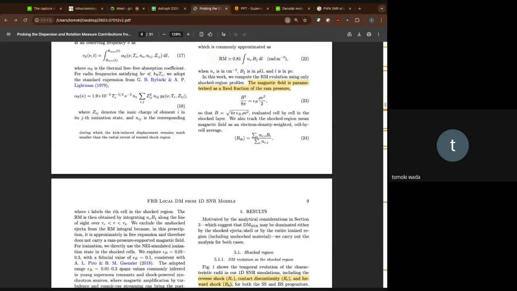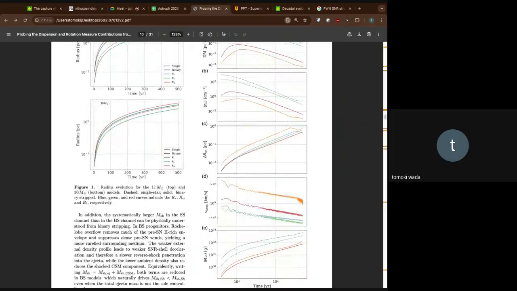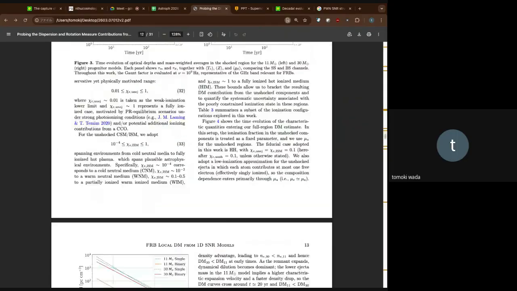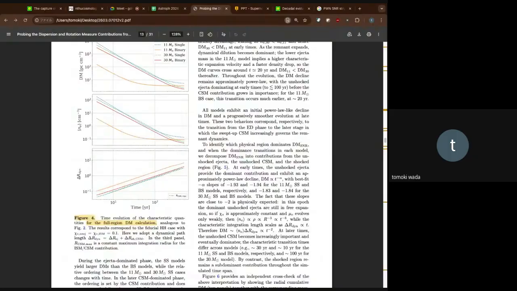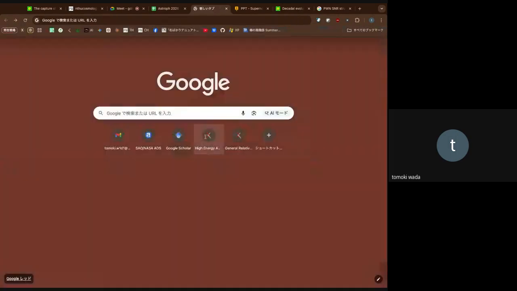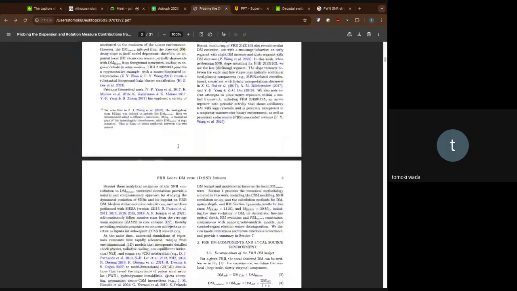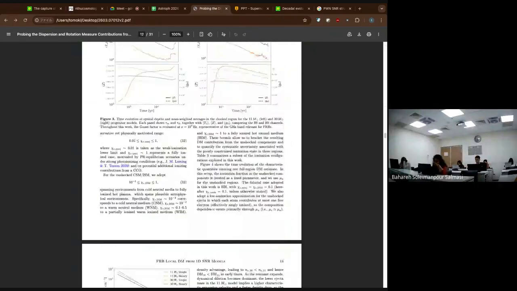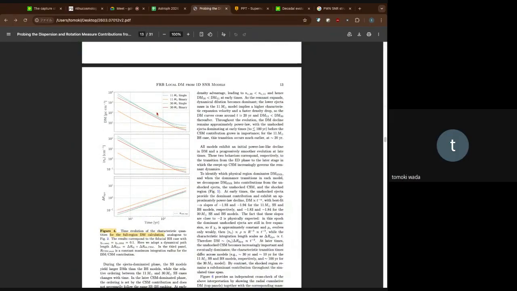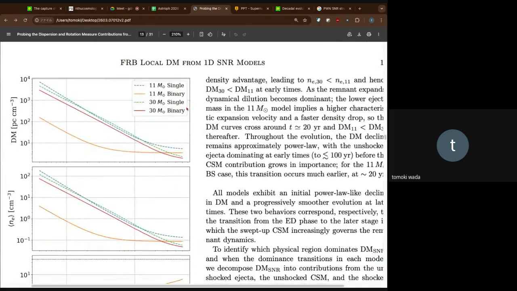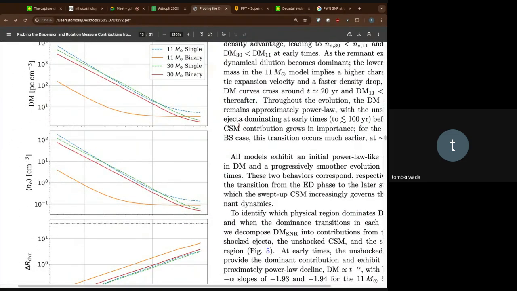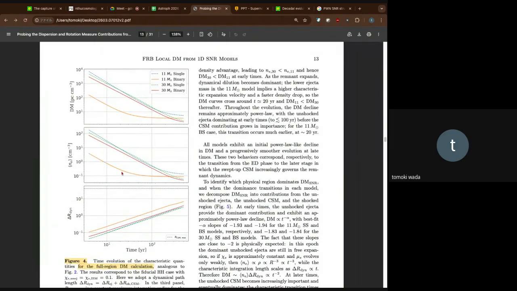Let's go to the results. The important figure is here. This figure shows the time evolution of the dispersion measure, the mean number density of electrons, and the size of the expanding shells.